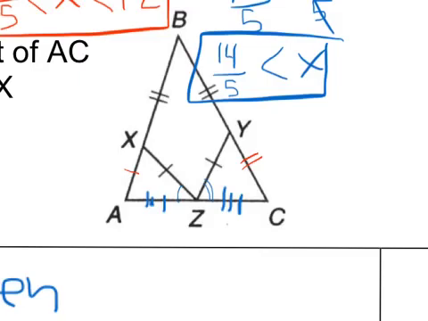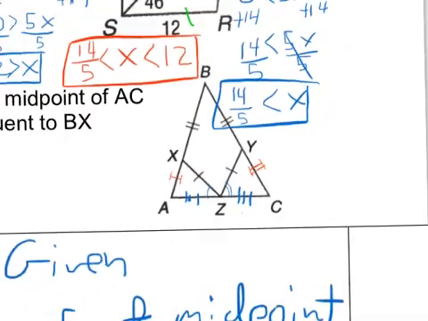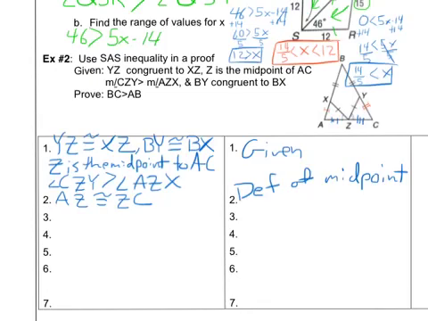And I should probably do something like this, so I differentiate it from these symbols here. Okay. So that's actually going to be my next statement. I'm going to say, hey, CY is greater than AX. And the reason for that is, this is one of the things we just learned, SAS inequality. And I'm just going to put a T for theorem.